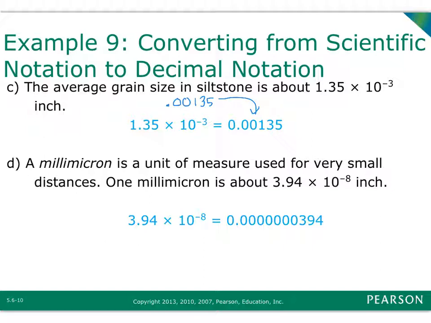Again, what we do is we write a point, and now because we're moving the decimal over, we subtract 1 from the 8, so we have 7 zeros: 1, 2, 3, 4, 5, 6, 7, then 3, 9, 4. So that's what we get: 0.000000394 inches.